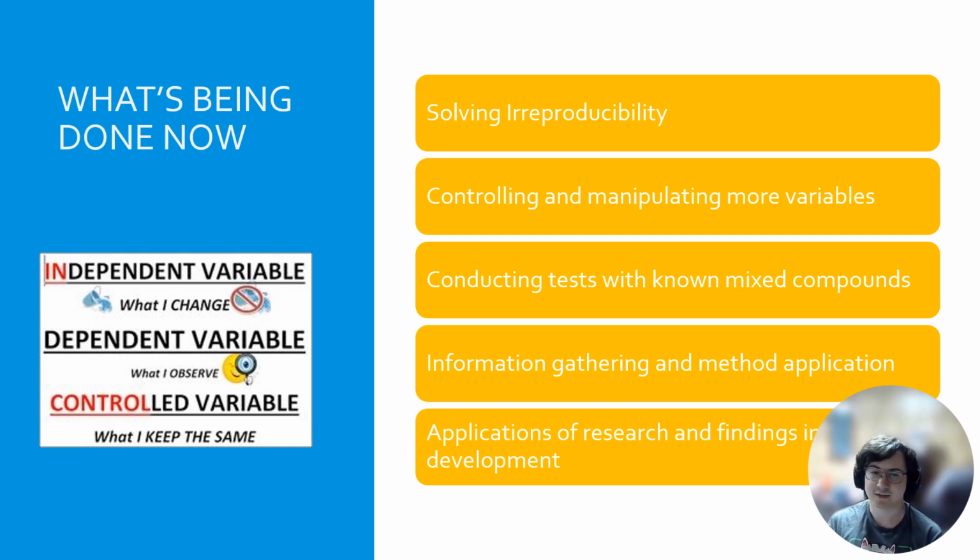I've been conducting tests with known mixed compounds. I may have tried mixing beta-ionone and 3-octanol in solution, and in doing that, I was able to see whether or not they were coming off in similar ways or different ways.